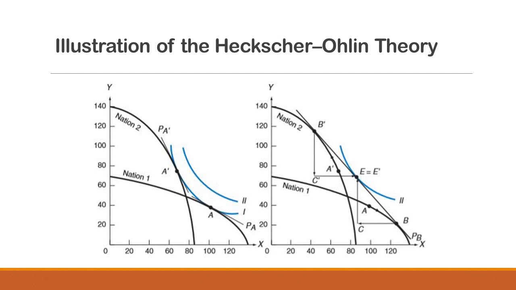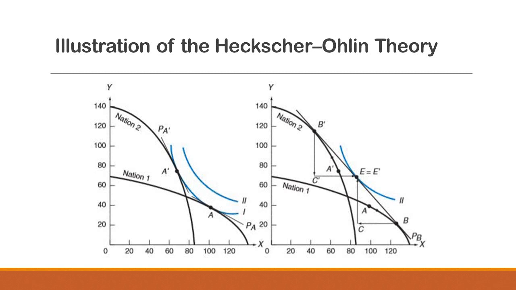Here we have another geometric tool, the community indifference curve. As you know, the community indifference curve shows different combinations of two commodities that yield the same level of satisfaction to a country or a community. So it is analogous to an individual consumer's indifference curve.